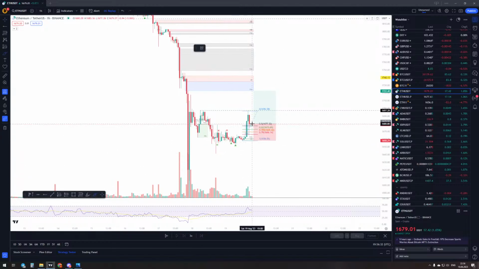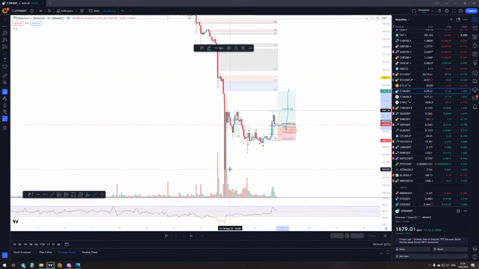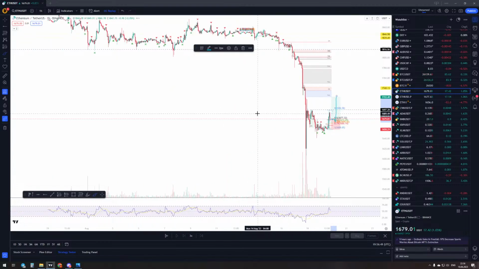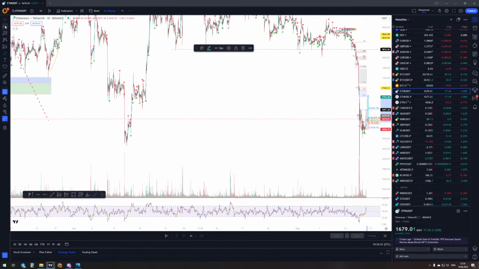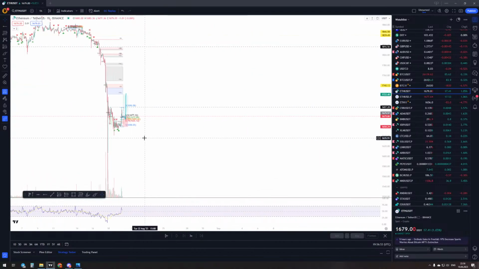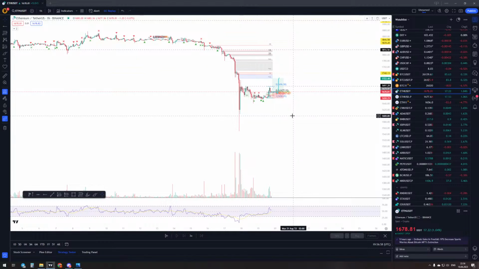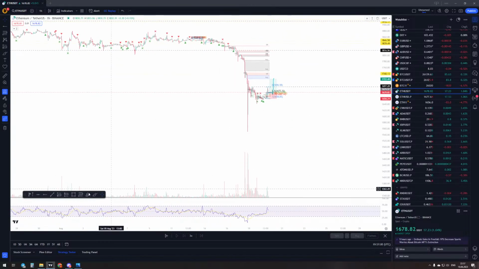So we might have something like this and then go up to test this fair value gap, maybe even higher. It's hard to do TA because of this stupid moment that crypto did recently.